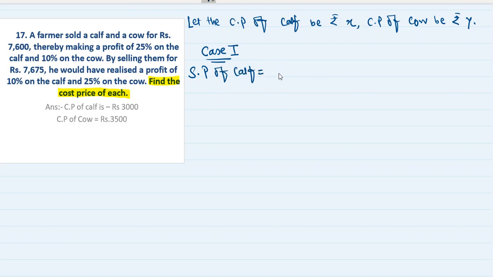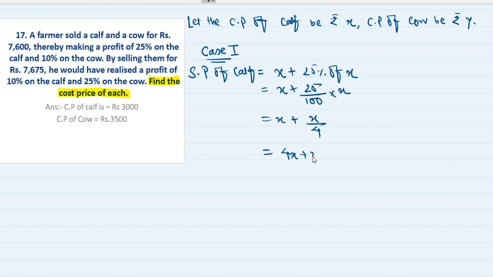Selling price of calf will be cost price plus 25% of the cost price, that is X. X plus 25% of X. That is X plus 25 upon 100 multiplied by X. That is X plus X by 4. That is 4X plus X by 4. That is 5X by 4 rupees. So that is the selling price of calf.